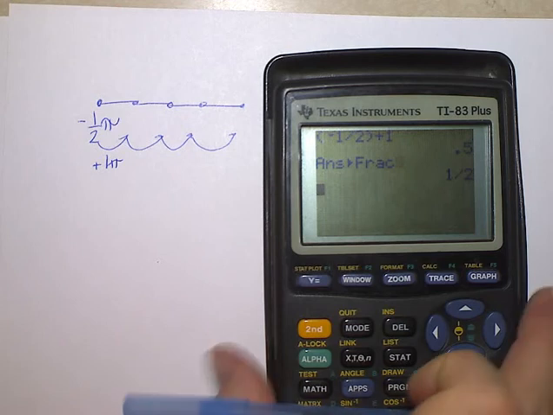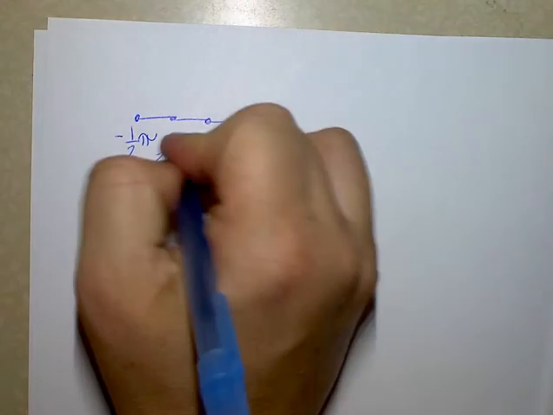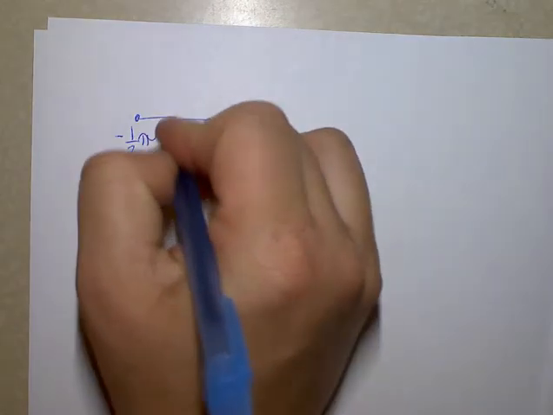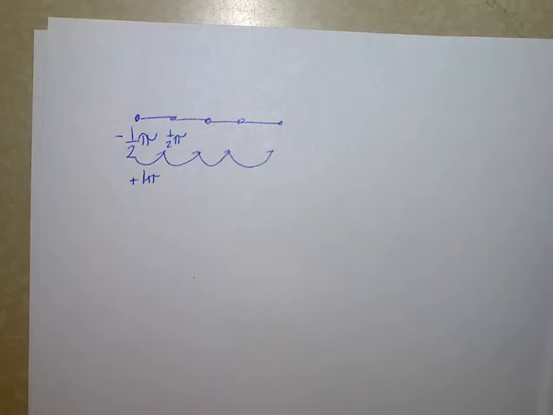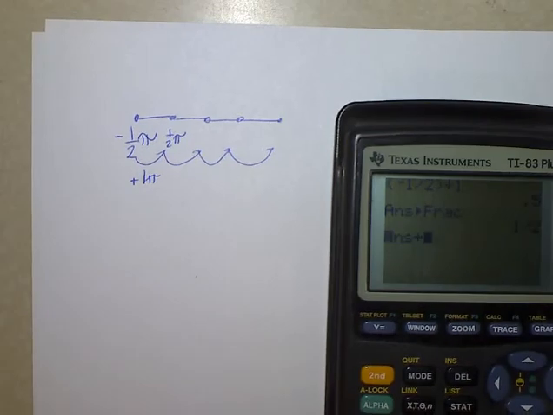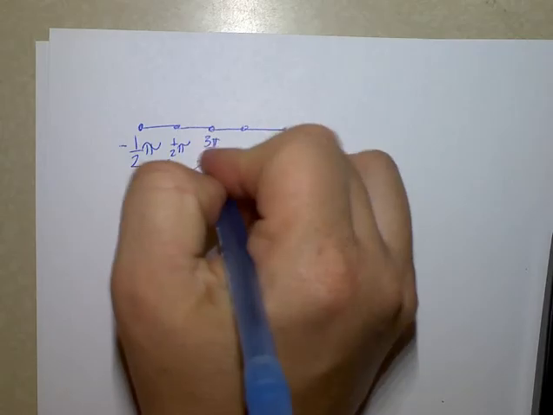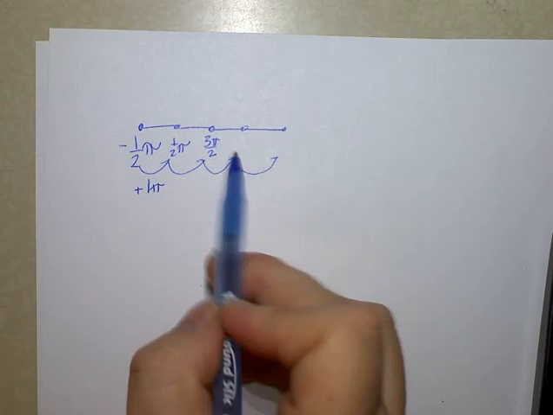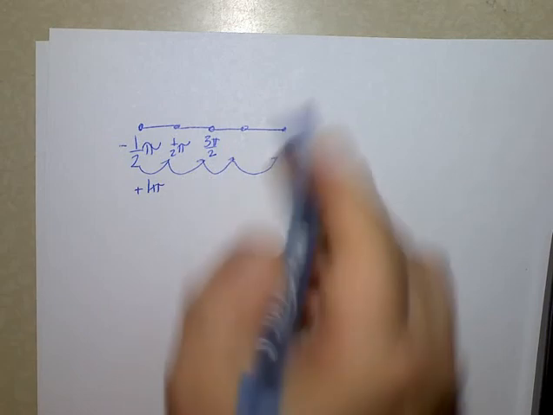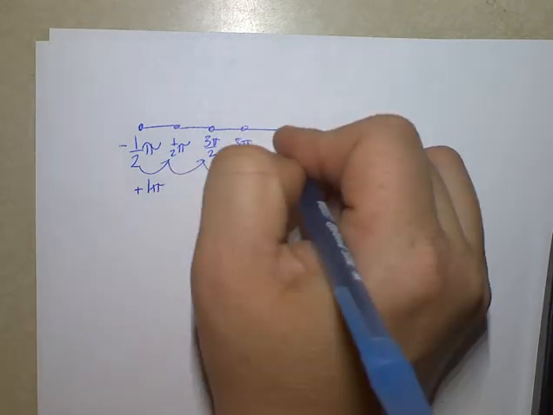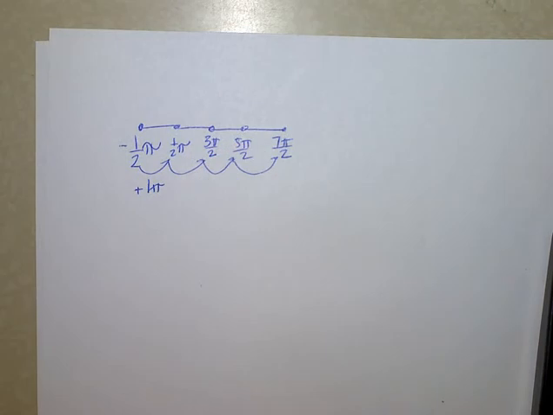And that is equal to 1/2. So this is 0. At 1, we're at 1/2 pi. Add 1 again. Turn it back into a fraction. And now we're at 3/2 pi. Keep doing the same. Add 1. Turn it back into a fraction. We're at 5/2 pi. And add 1 again, 7/2 pi. I'll let you get caught up.